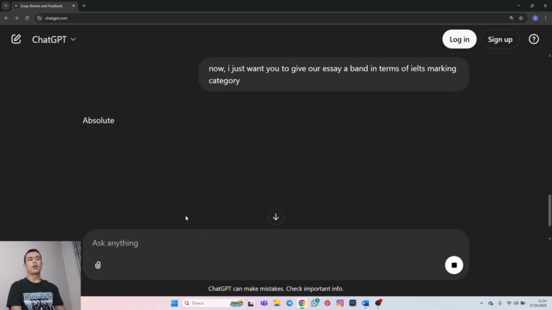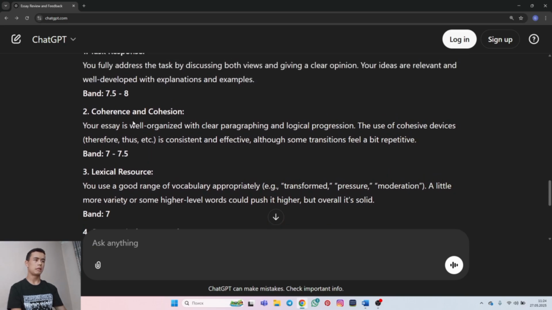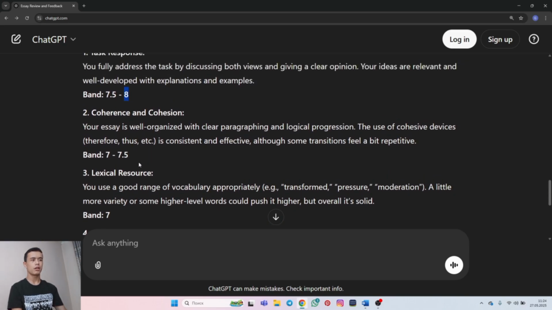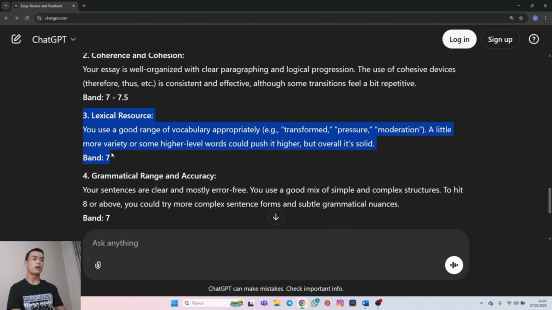Okay. We are about to see: you fully address the task by discussing both views and giving your opinion. Okay, maybe 8 can be enough, I think. And coherence and cohesion, I think can be a band 8 because there's no confusion in our essay. And yes, lexical resource is just 7 and grammar is 7 because, as I mentioned above, you can easily improve these two sections by adding higher level words.